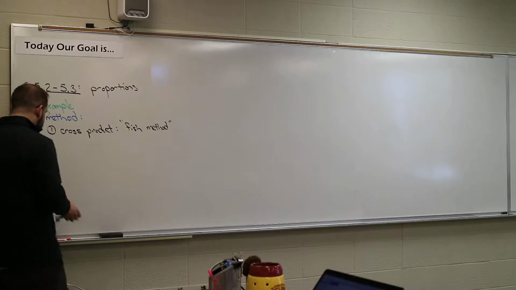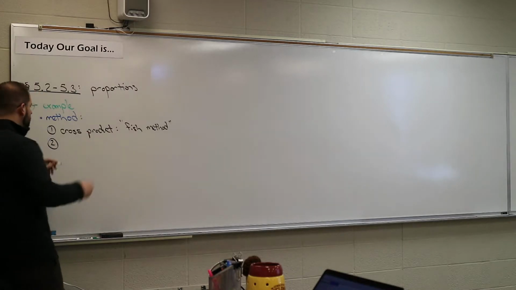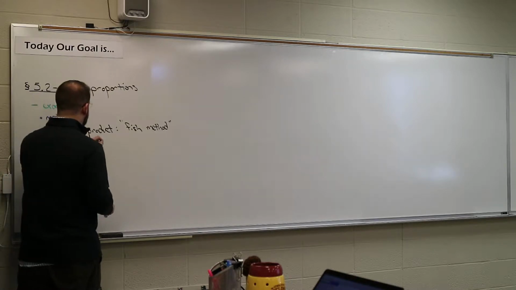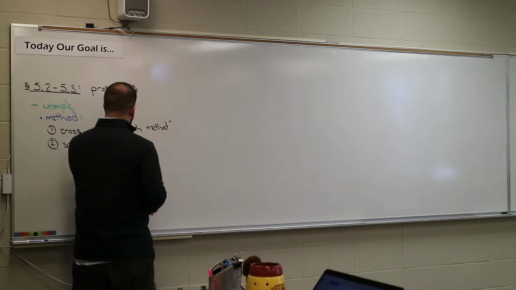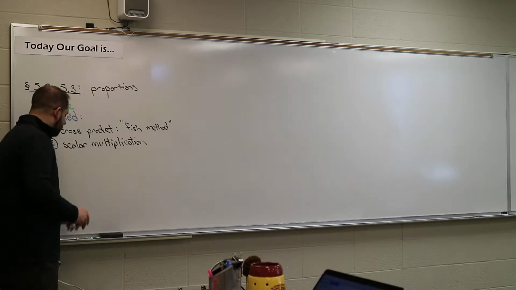That's the method that we use. Second one that we had, which I think I introduced Monday as well, was called scalar multiplication. And that was the one where you just have to use your multiplication chart if it works out perfectly. Okay, so those are the two. I want to do maybe an example of each or two examples. So these are ones that I want to make sure of.